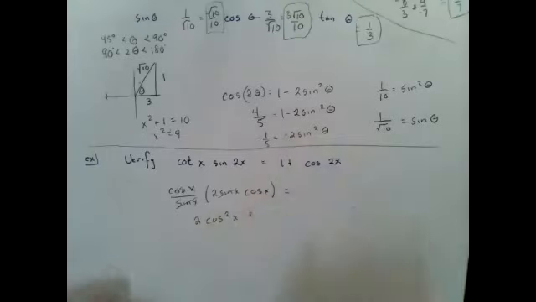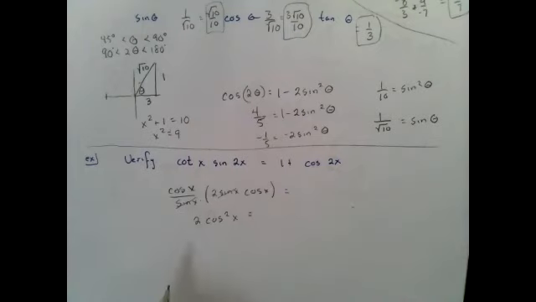Once you saw it, it made a little more sense. I need it to look like that. This is the tricky one. Do I know another way to write the cosine squared of X?